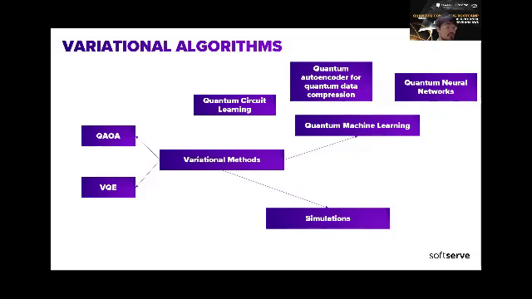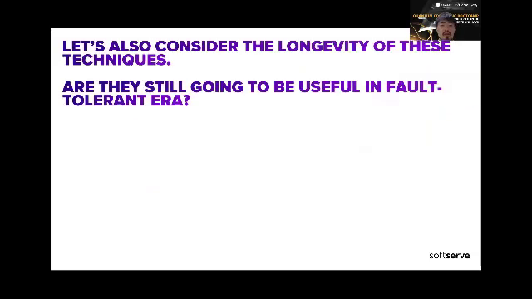Okay, so an important thing to note for variational techniques is that any technique that you create now, you also want to make sure that it will be useful in the fault-tolerant era.